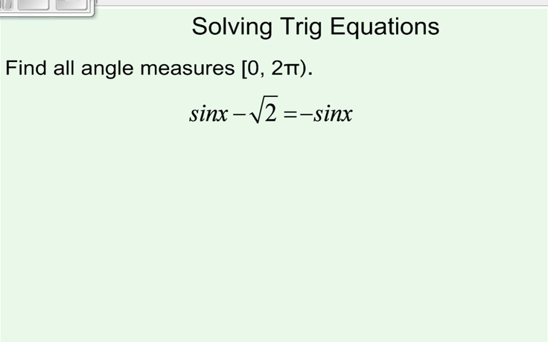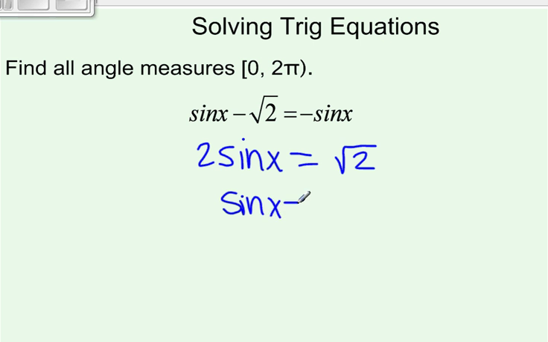All right, we want to get all of our variables on the same side and numbers on the other. So I'm going to move sine of x to the left, so I get 2 sine of x on my left side. I'm going to move the square root of 2 to the other side so it's positive. And then I'm going to divide by 2, so I get sine of x equals the square root of 2 over 2.